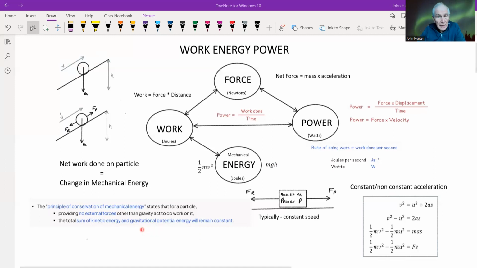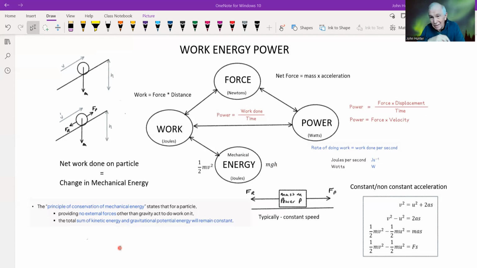Now, unfortunately, the problems you're going to face in this section seldom have no external forces acting on them. There is always going to be something, and they might be positive forces. What these will do is increase the total amount of mechanical energy. So some force that pushes a ball up a slope will increase that.